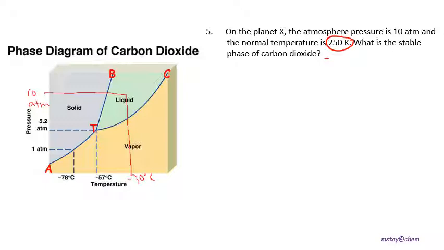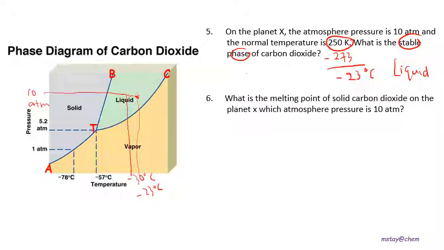So we have to convert it to degrees Celsius by minus 273, and we get negative 23 degrees Celsius. What is the stable phase for it? Negative 23 is slightly to the right side of this point. So we can still say that carbon dioxide at 10 atm and around negative 23 degrees Celsius is in the liquid phase.